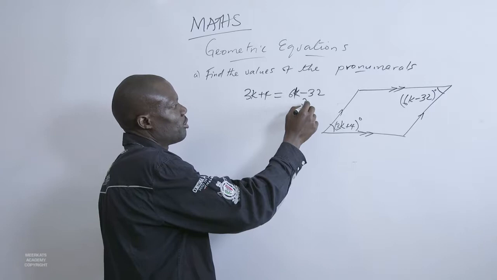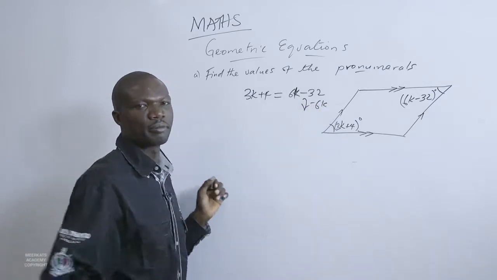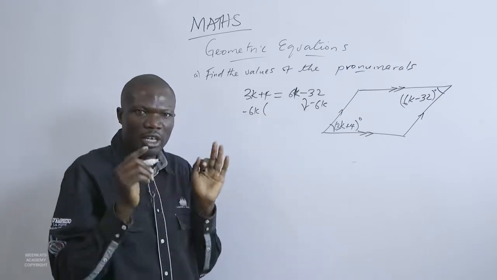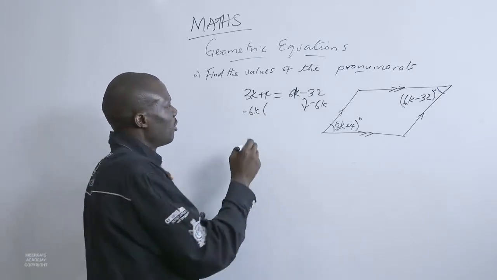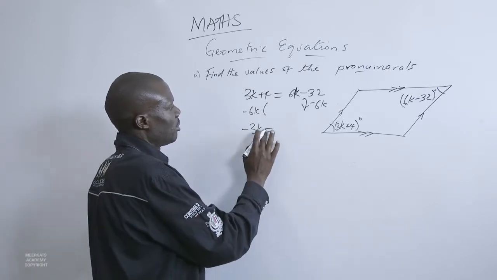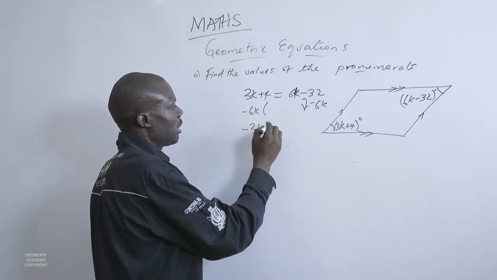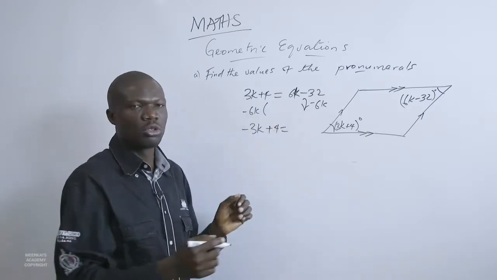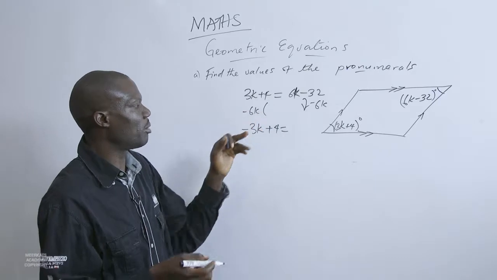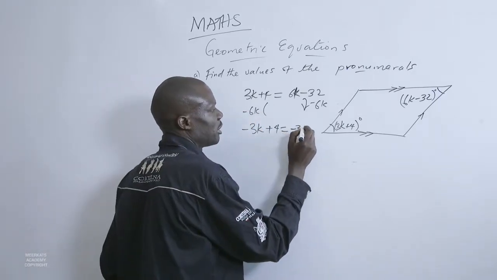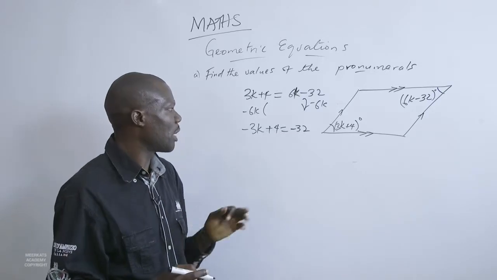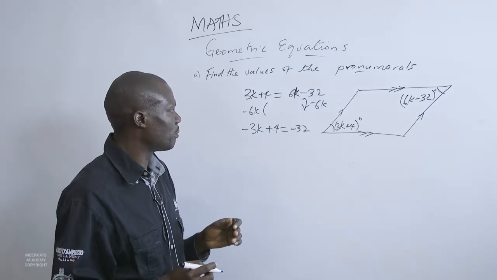So let us subtract 6k here, and we also subtract 6k here. So 3k minus 6k will give us minus 3k, and then plus 4 is equal to 6k minus 6k, which is 0, but then minus 32 comes in there.